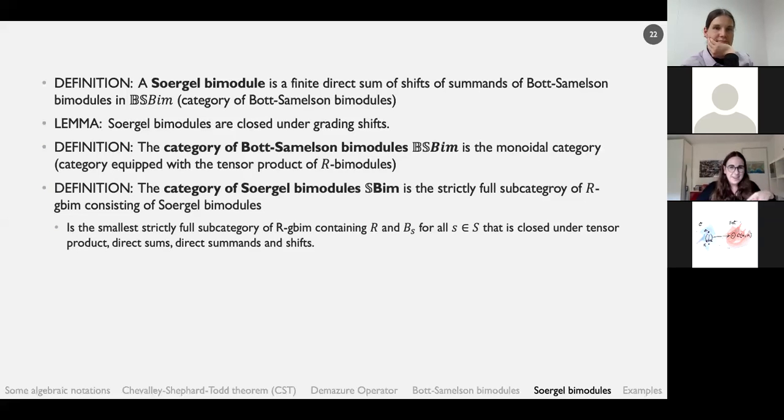Hence, the category of Soergel bimodules is the smallest strictly full subcategory of those R-GBIM that contains R and BS for all S in capital S. And it's closed under tensor products, direct sums, direct summands, and grading shifts.